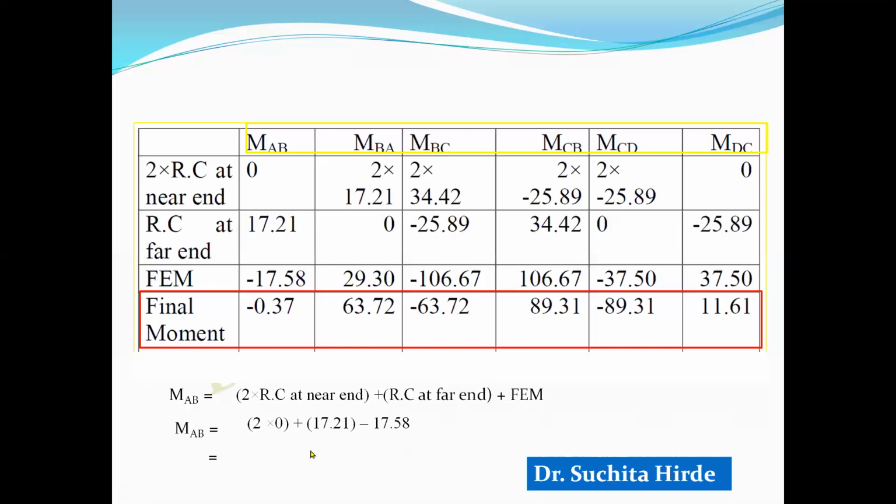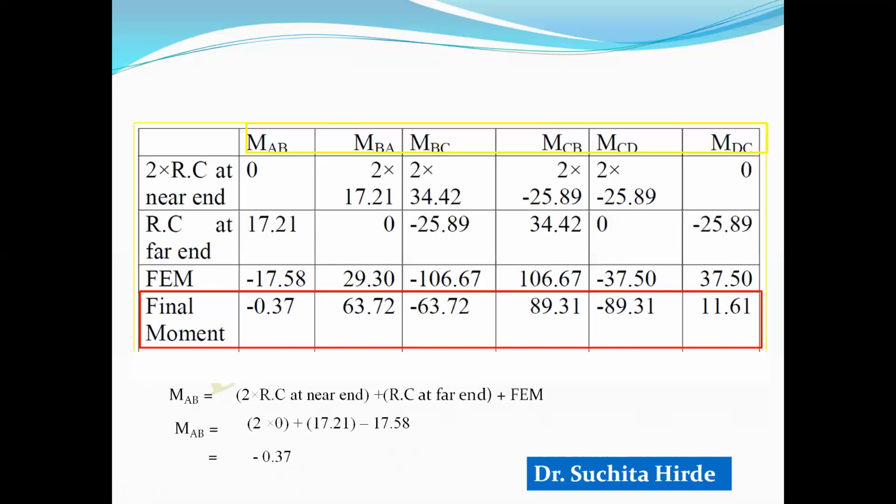So finally, you get minus 0.37. Either you can solve like this in tabular form or you can write the equation like this. So whatever you like, you can solve for the final moment at the end. So this is the procedure to analyze a continuous beam using Kani's method.